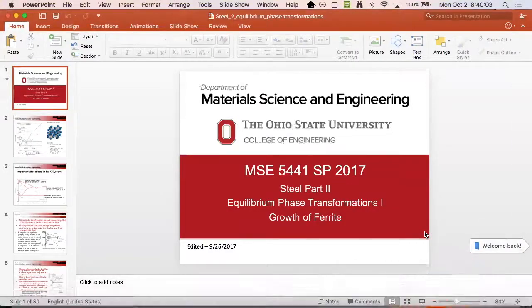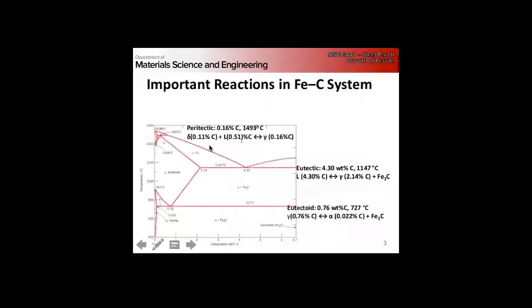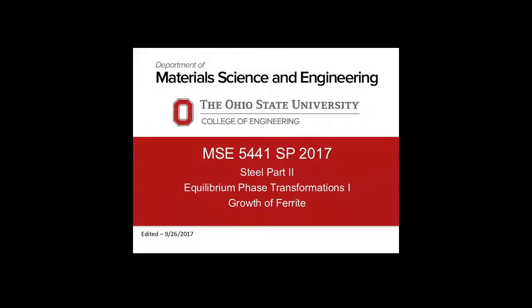Okay. Now we move on to, so this first part is all about the growth of ferrite, right? Under sort of equilibrium conditions, which come from phases that we can read right from the phase diagram, we're going to have growth of ferrite, growth of pearlite, and then we'll talk about bainite.